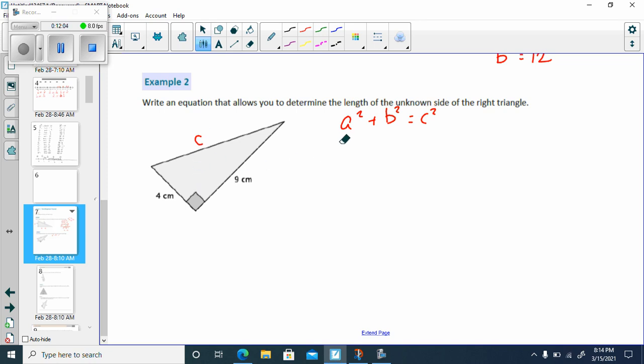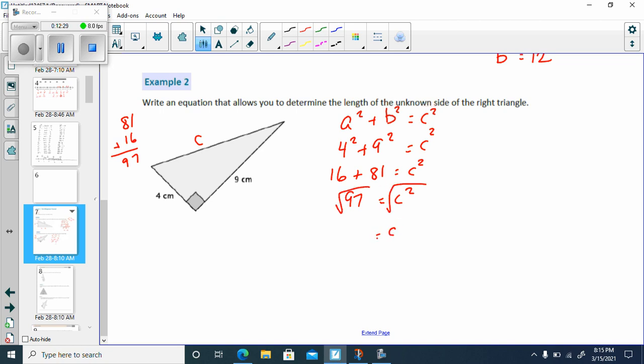Okay, it doesn't matter which one's A or B. 4 squared plus 9 squared is equal to C squared. 4 squared is 16 plus 9 squared is 81 is C squared. Let's add 81 and 16. And you get 97. So 97 is equal to C squared. So the actual value for this C is going to be the square root of 97, right?